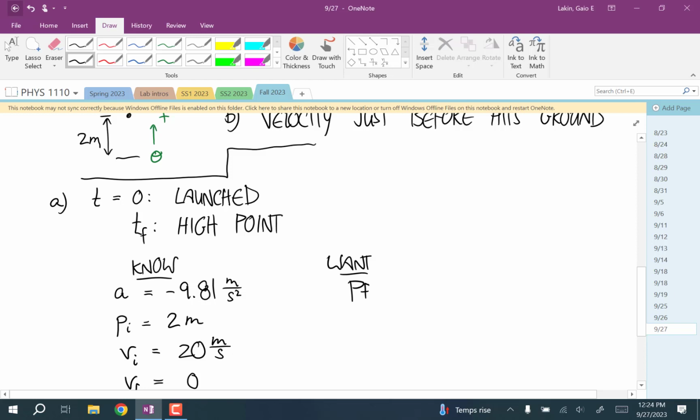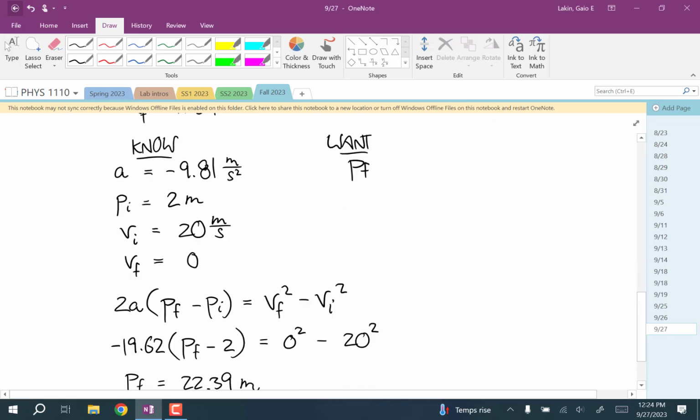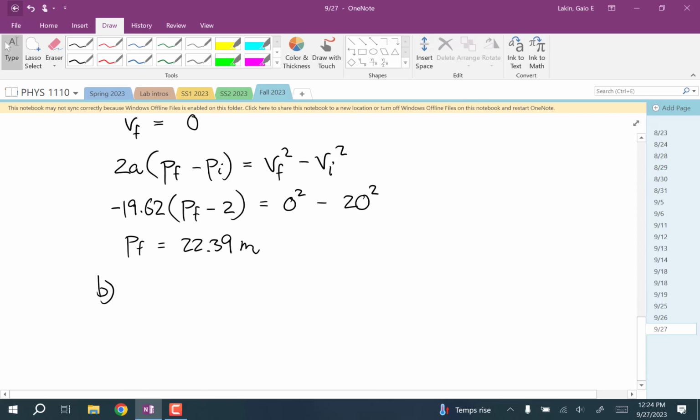In this case, it has to be time final. Sometimes you get a choice of which one you want to make it. So I'll keep my time equals 0 the same, but my time final now is going to be the instant right before it hits the ground.